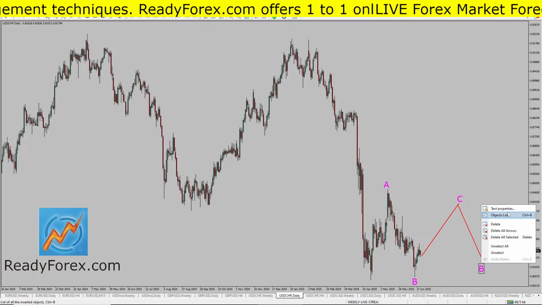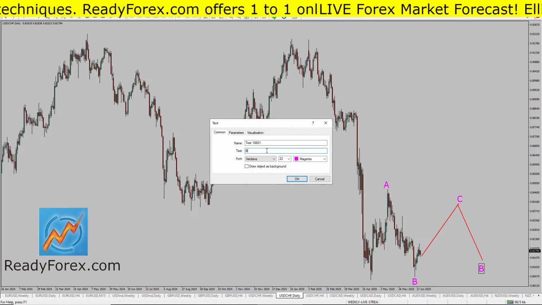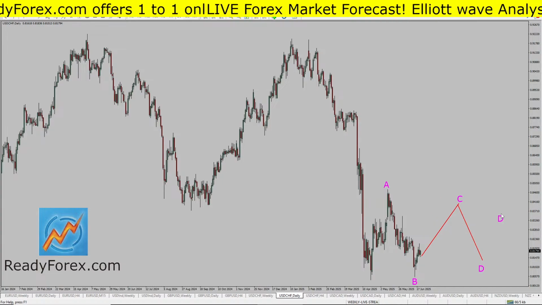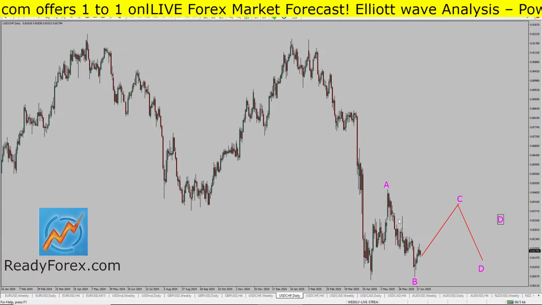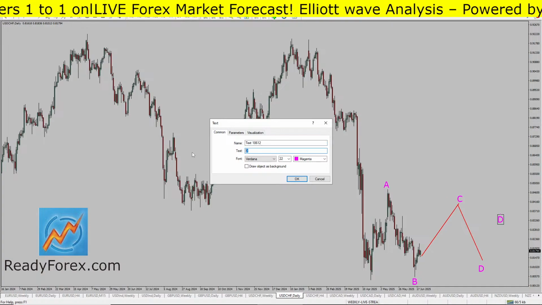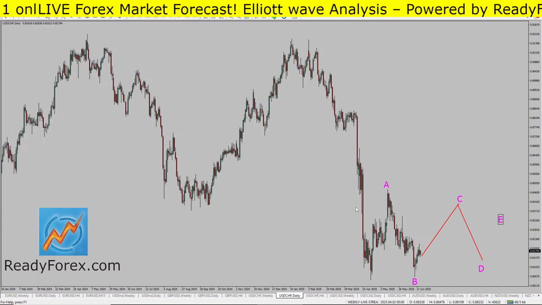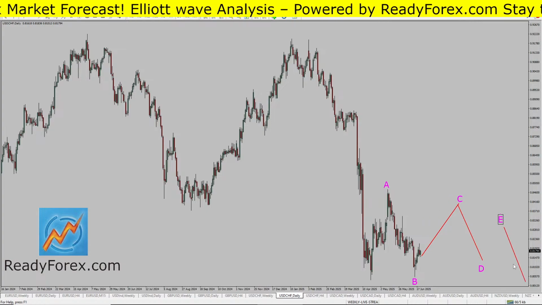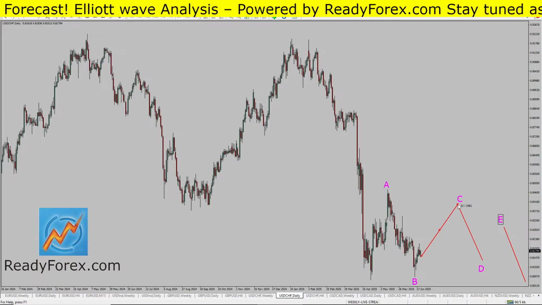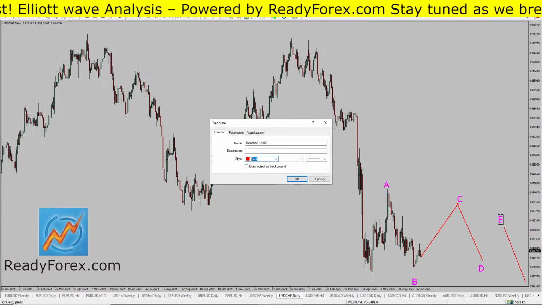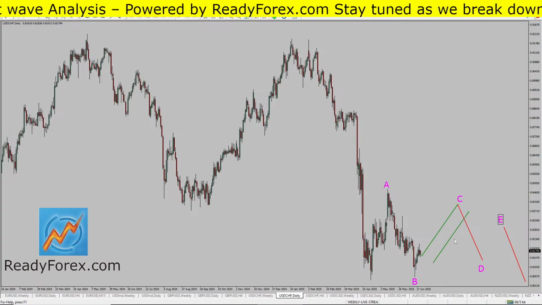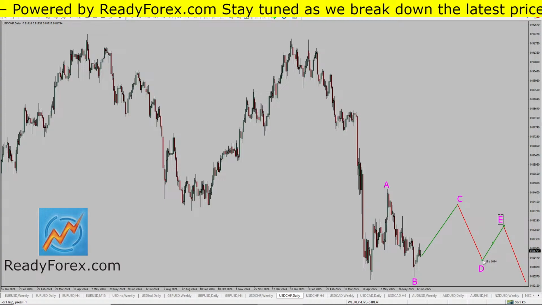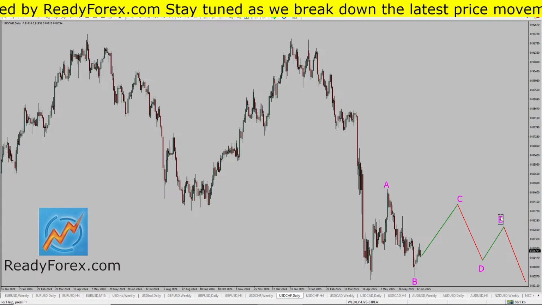So once we get the complete pattern A, B, C, D, after wave E, let me write the wave E. After we get wave E, then the market is going to drop. Okay, so let me change the color. Green, bullish. Okay, so this is the forecast regarding US Swiss franc.